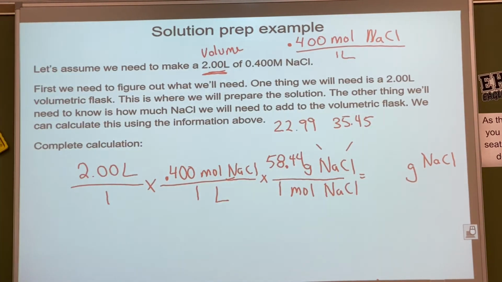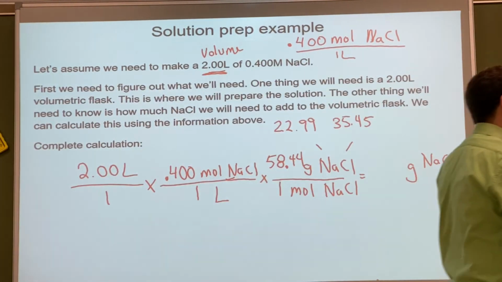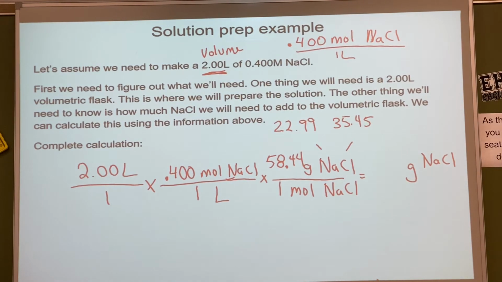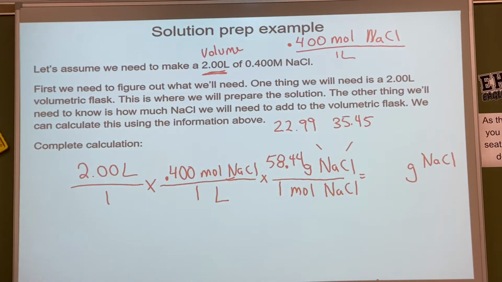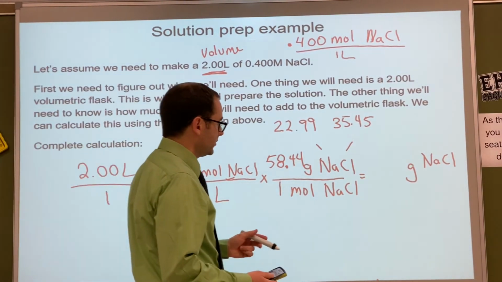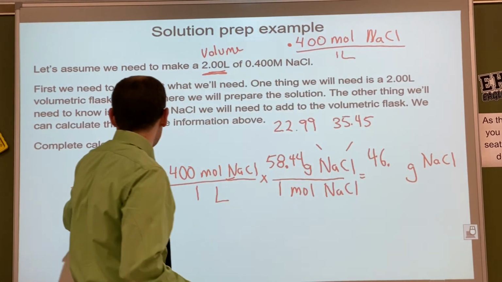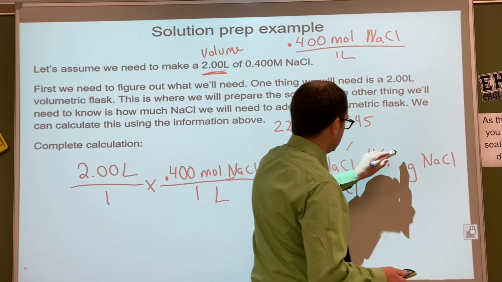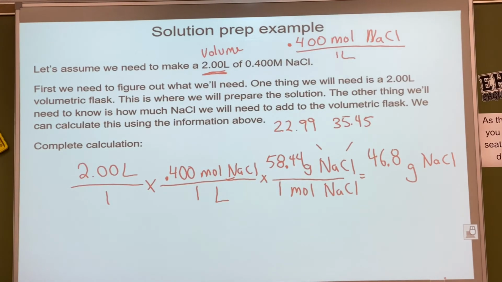And then we'll get our answer. 2 times 0.4 times 58.44 gives you 46.752. Let's look at sig figs, so 46.8 grams of sodium chloride. And that's how you figure it out.